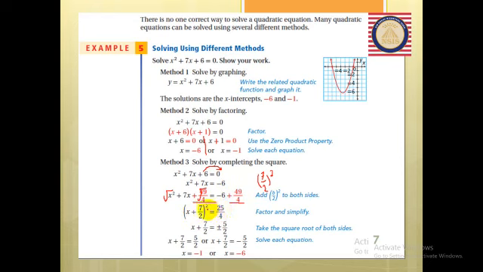Then I'm going to take the square root here, and positive or negative, don't forget, the square root. So positive or negative, the square root of 25 is 5, the square root of 4 is 2. Then I'm going to split my paper and solve once with positive and once with negative. Then I get the two values of x.